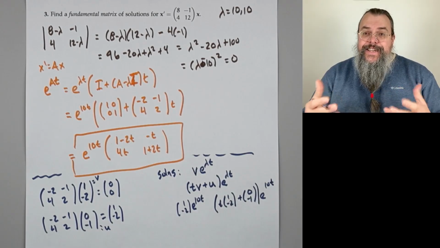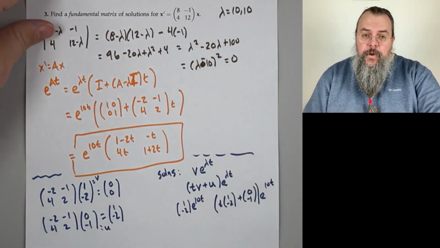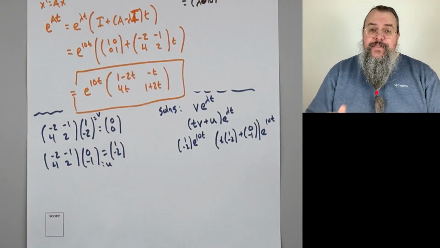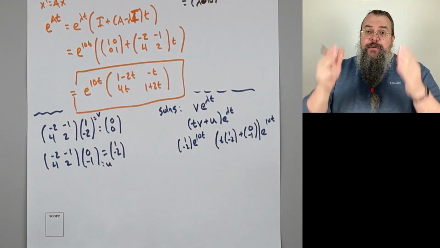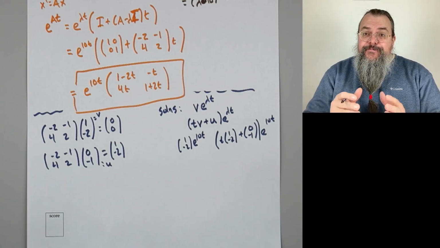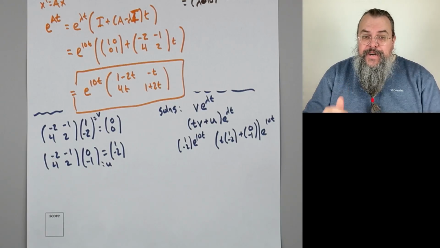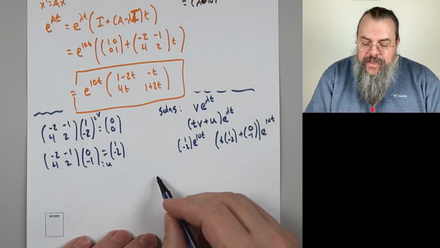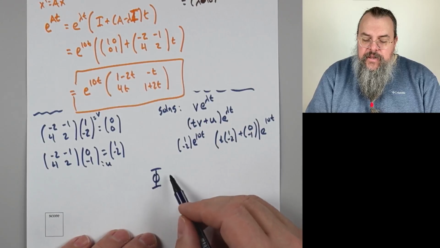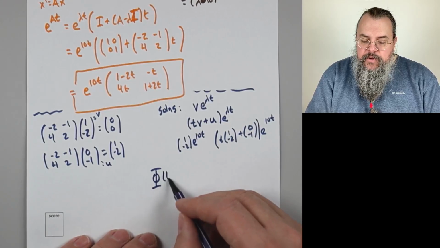Now, how does that get us to our fundamental matrix? Well, we have to remember what the fundamental matrix is. We pack the columns with solutions. So we need two solutions because there will be two columns. Everything involves an e to the 10t, so we can pull that out.